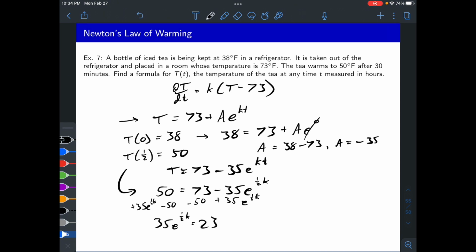Dividing by 35, we get e to the 1/2 k is equal to 23 over 35. We can then take the natural log of both sides. We get ln of e to the 1/2 k is just 1/2 k, and that's equal to ln of 23 over 35. And so k is just going to be 2 times that.